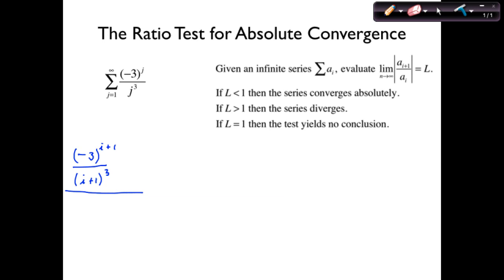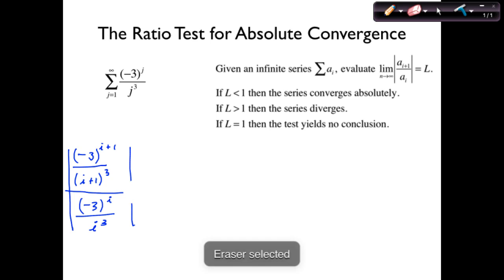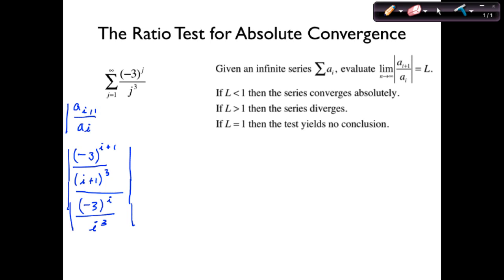And that's going to be divided by the ith term. So what's the ith term of this? -3 to the i over i cubed. So we're looking at the absolute value of that ratio. So that's that ratio. This is the i plus 1 over a_i, absolute value.